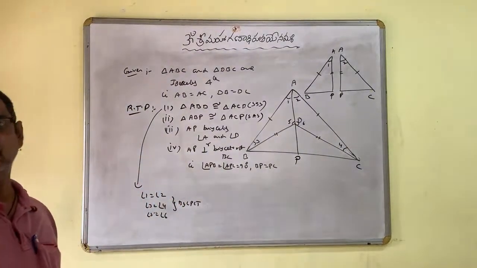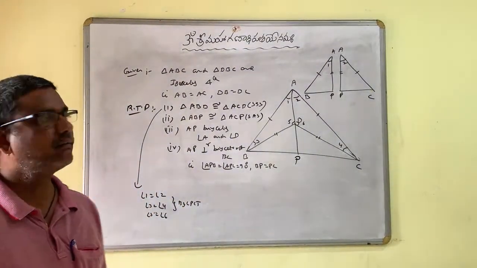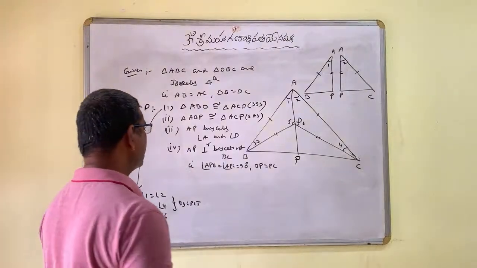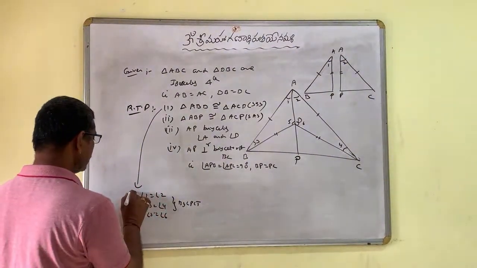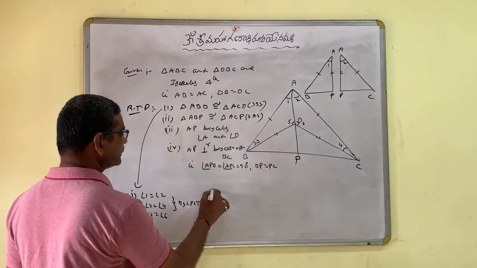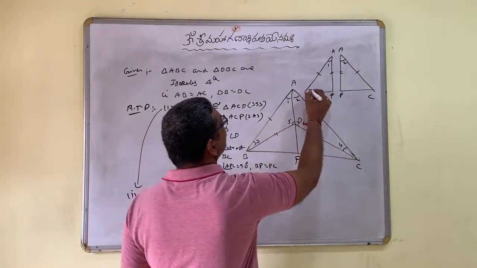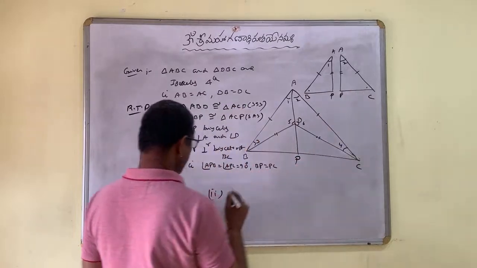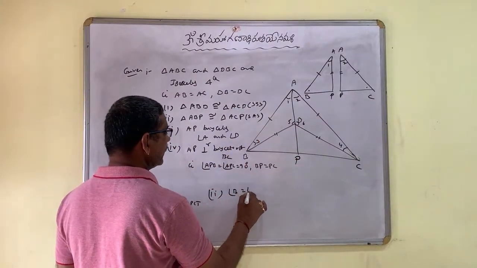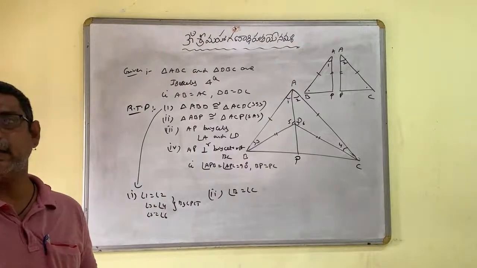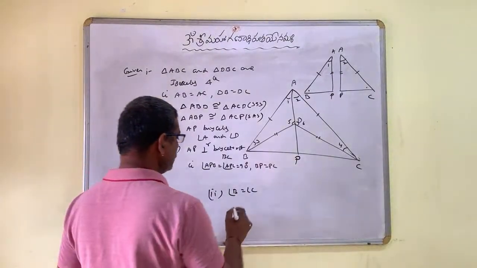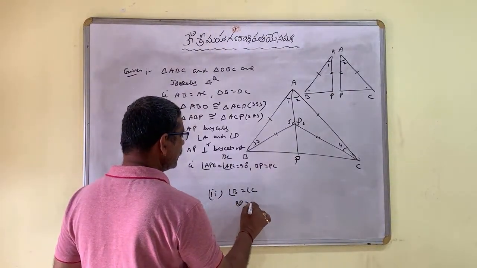Now, we need to write CPCT. Second one, CPCT: angle B is equal to angle C. Next one, BP is equal to PC.